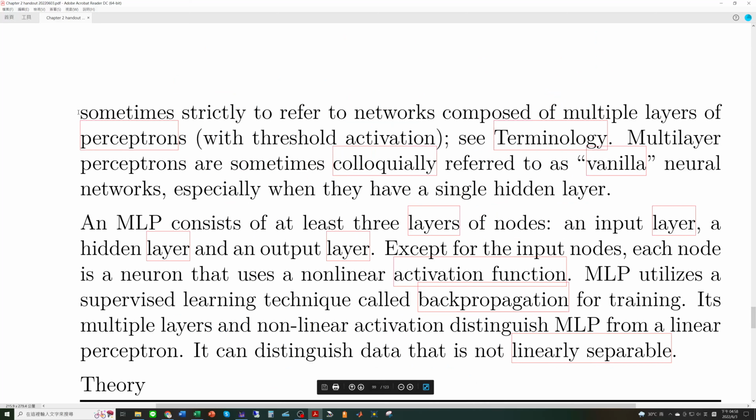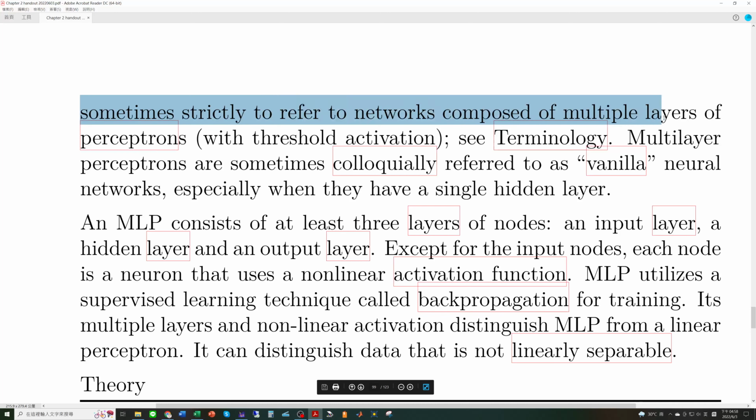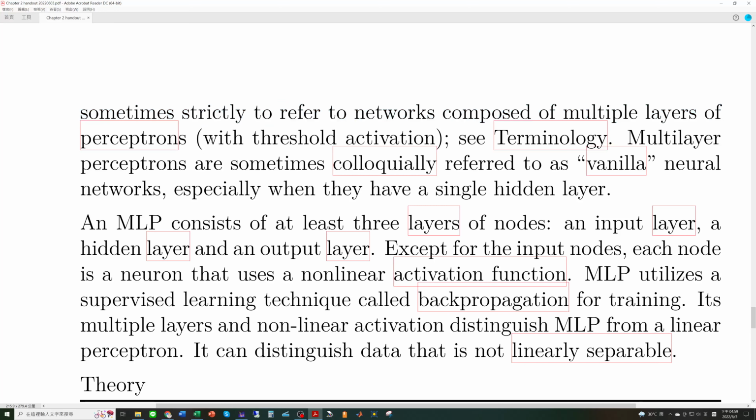Sometimes strictly to refer to networks composed of multiple layers of perceptrons. I have introduced what perceptrons are before, with threshold activation. We will see terminology later.